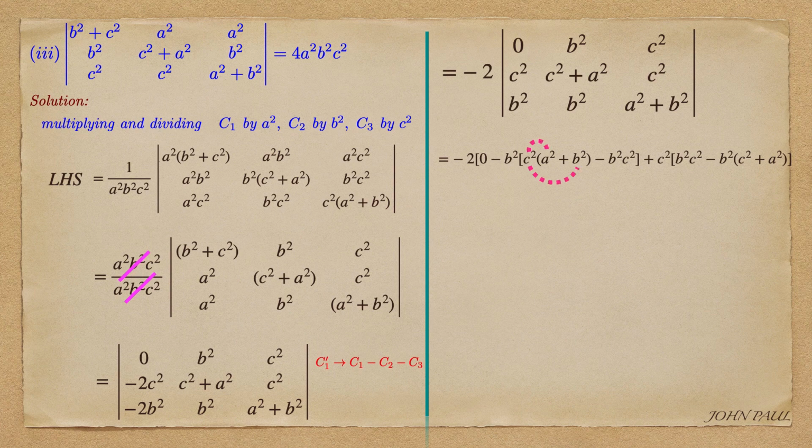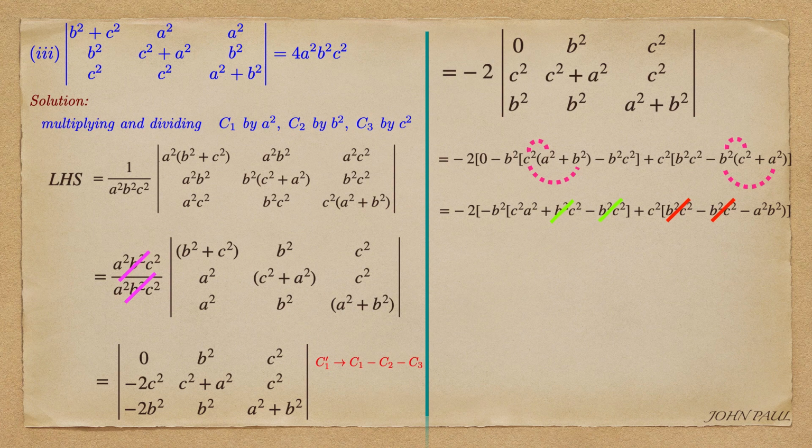Now we'll multiply c square and b square inside the given bracket. By multiplying inside, we get this equation. Now we'll check whether we can cancel any common term. The common term we can cancel.